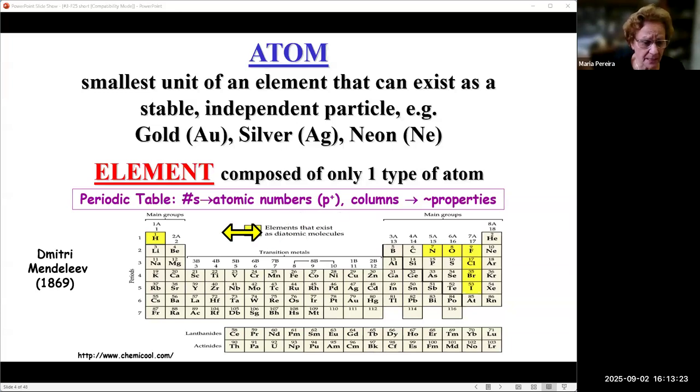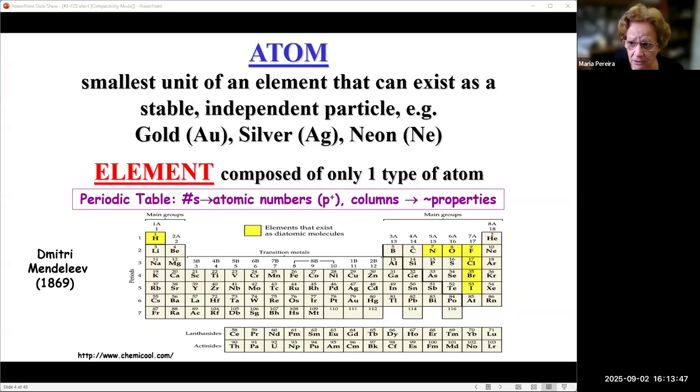So this table is a periodic table that lists all the elements that exist. There are about 180 elements. And Mendeleev was able to arrange the elements according to their atomic number. Remember, atomic number is the number of protons.